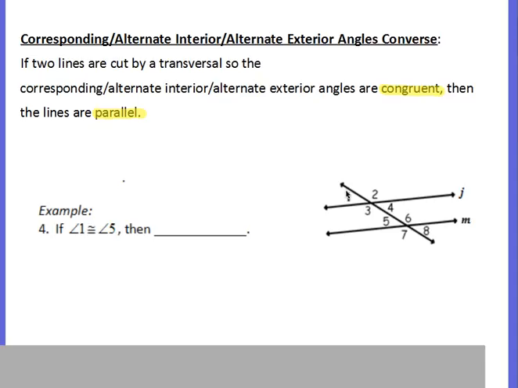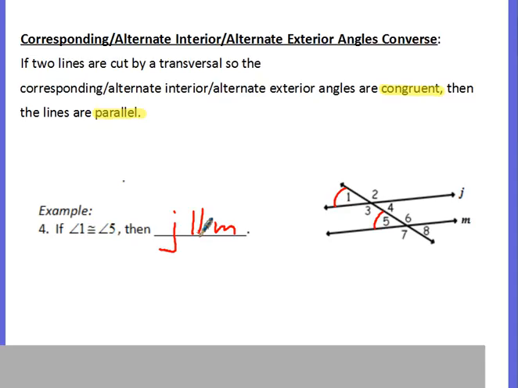Angle 1 is out here, and angle 5 is in here, so they are in the same position on the two different lines. These are corresponding angles. And now we're being told these corresponding angles are congruent. They have the same measurement. Well, then our lines J and M are indeed parallel.